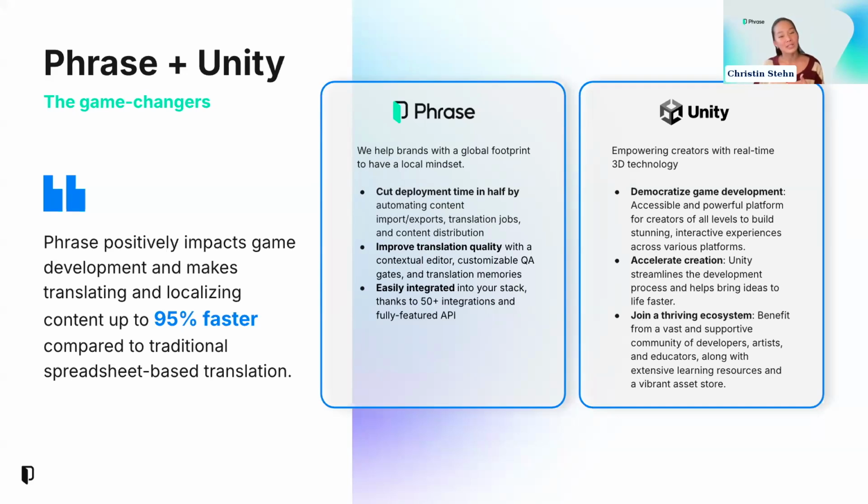And we also elevate translation quality with our contextual editor, customizable quality assurance gates, and translation memories, ensuring your game feels immersive in every single language. And because Phrase integrates seamlessly into your existing workflow with over 50 integrations and a fully featured API, it fits right into your development stack.